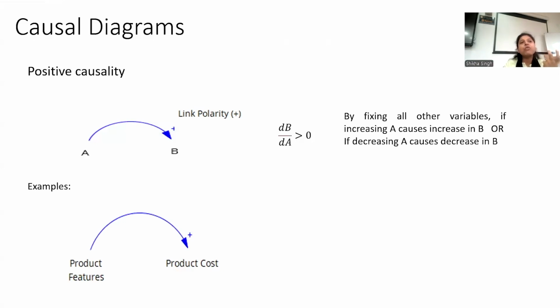If you keep on improving the product features, definitely the product cost will be changing, right? Or you can say an increase in the product features will increase the product cost. So these two variables will be moving in the similar direction, and this kind of causal relationship will exist between these two variables, right?